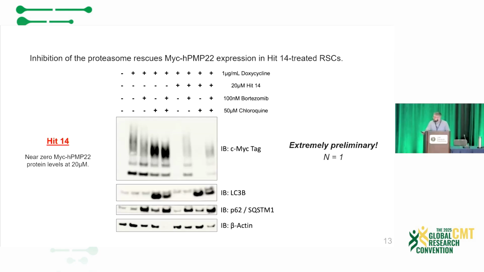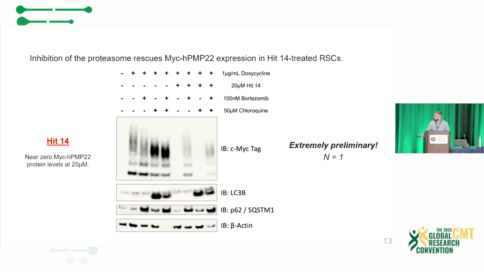What I'm most excited about, though, is hit 14. This is another PMP22 Western blot in the presence of different inhibitors of either the proteasome or the autophagy pathway. You can see different glycoform enrichments as we treat with either the proteasome or autophagy inhibitors, bortezomib and chloroquine, and basically no protein whatsoever when we treat with this hit that reduces PMP22 expression.